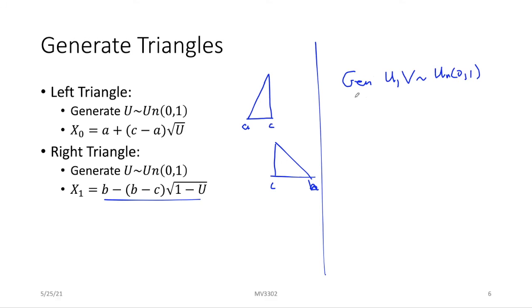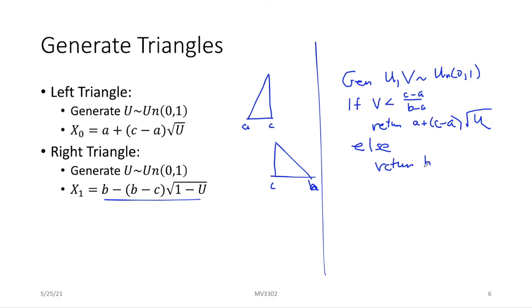Okay, so now here's the thing: if V is less than P0, which was C minus A over B minus A, we return A plus C minus A times the square root of U. Else, this is why we didn't really need to compute P1, we return B minus B minus C times the square root of 1 minus U, because that's what we had there.